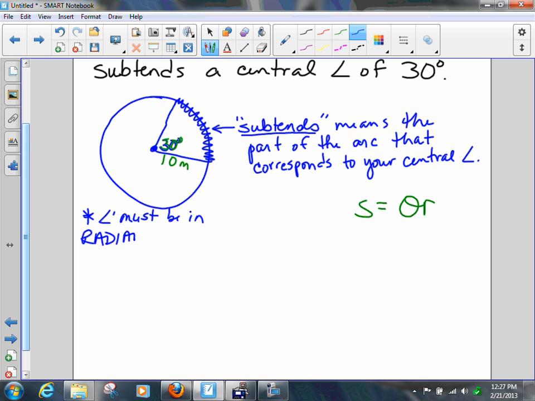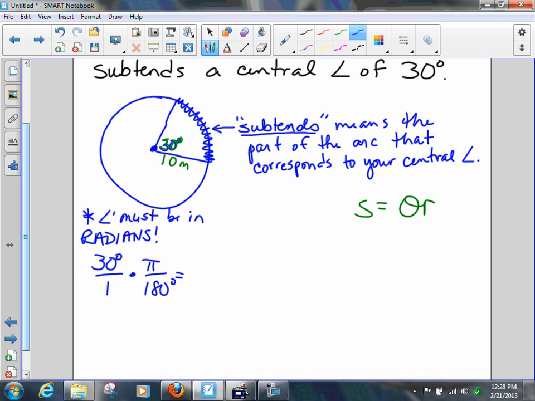What do I do? Convert it using that thing, which is what? Very good. Some of you are going to look at that and go, oh, 30 degrees, that's pi over 6. You ought to know that from what?